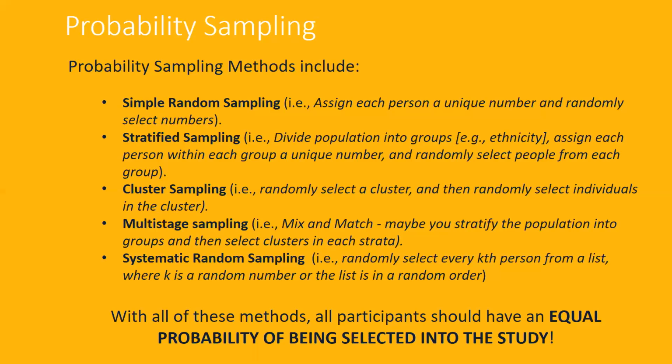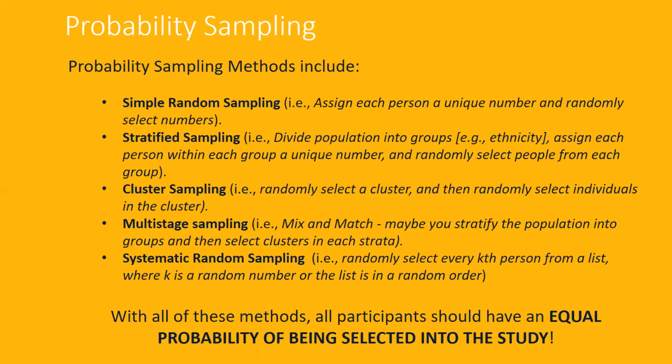And then within each of those ethnic categories, you might say the cluster we're going to select is maybe families or church communities or YMCA participants, or whatever the case is going to be. You can mix and match those. And as long as it's random at each level and random within each strata, then you've got a multi-stage sampling strategy, which we consider a probability sampling method.